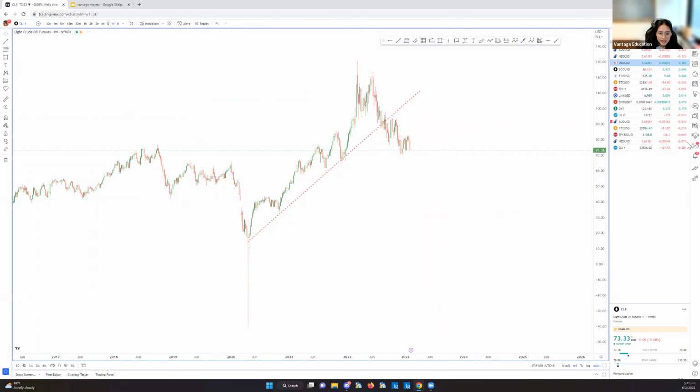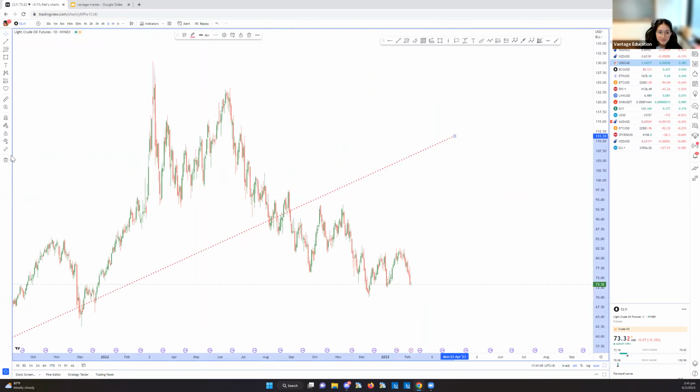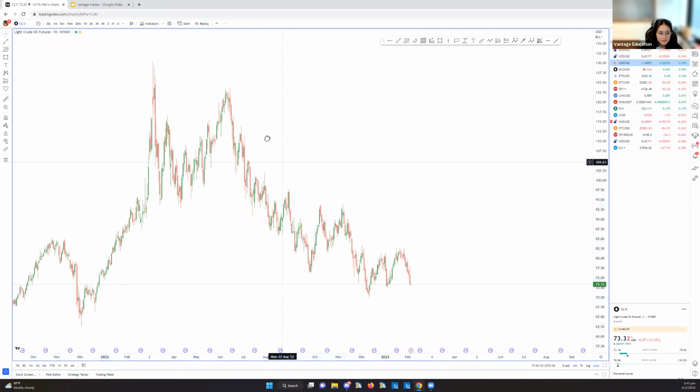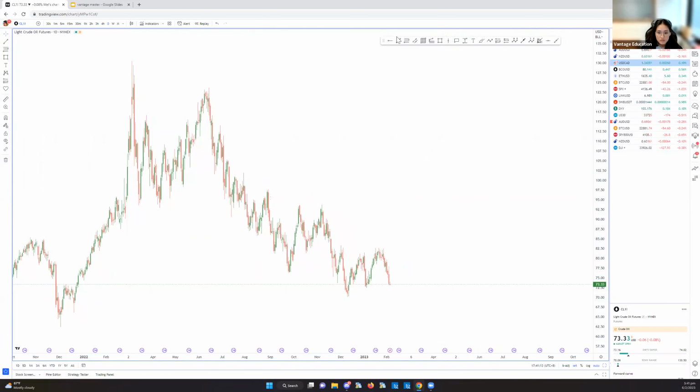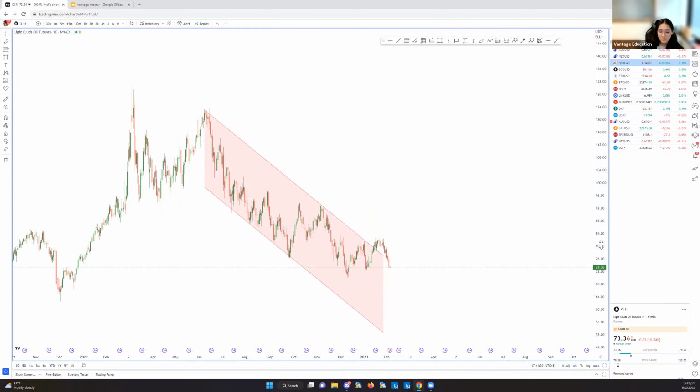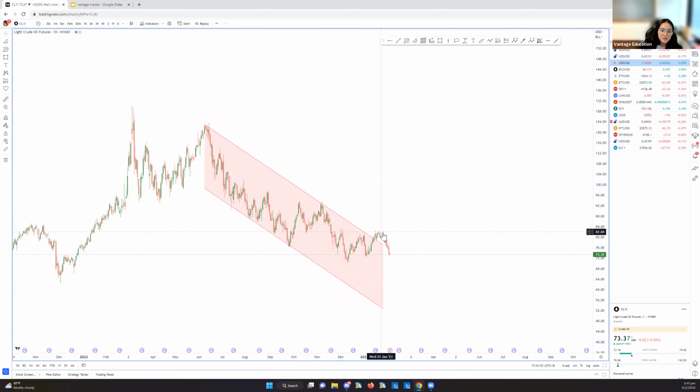On the daily, let's see if we have a descending trend line. Okay, so we can see price recently broke out of our descending trend channel.